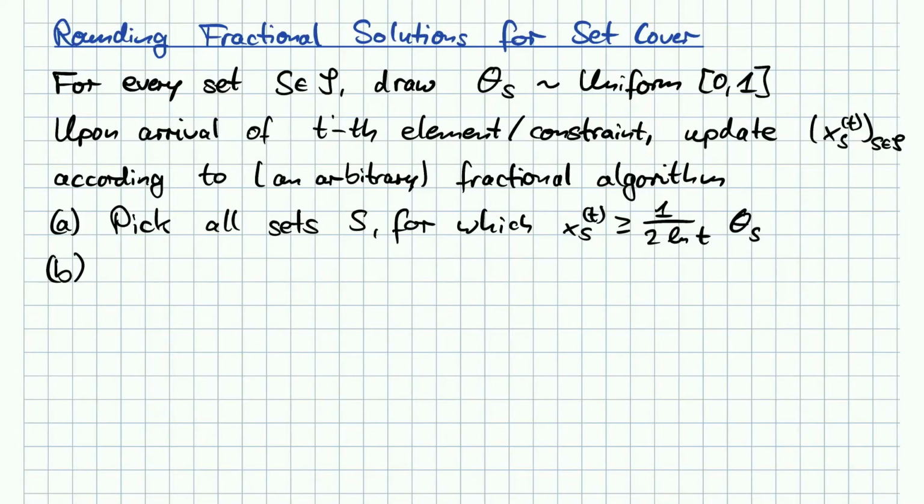So this is why we have a fallback, which is part B of this algorithm.